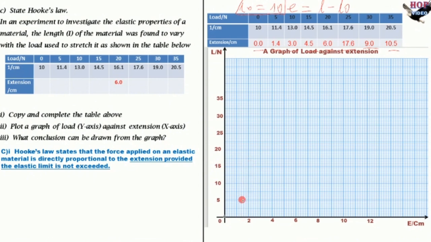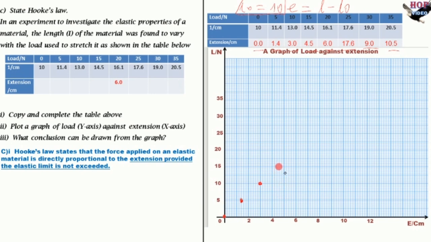So you have 5 and 1.4, we are somewhere around here. The next point is 10 and 3. So 3 falls here, and here we are 10. So the point falls here. The next point is 15 and 4.5, which falls somewhere in the middle here.